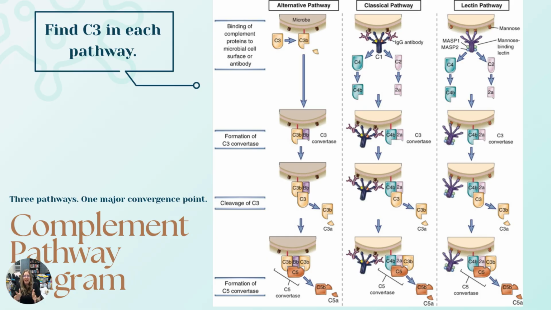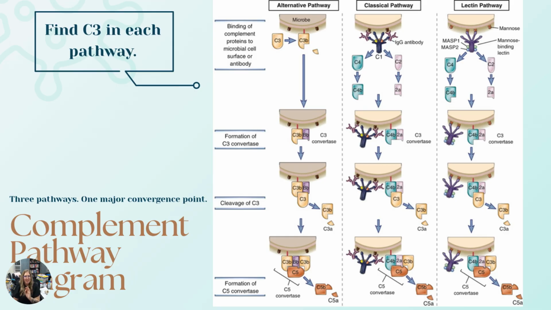So this diagram may look intimidating at first. So I don't want you to try to memorize every single thing. Instead, find C3. Find C3 in each pathway. Look at the alternative pathway. Now look at the classical. And then now look at the lectin.